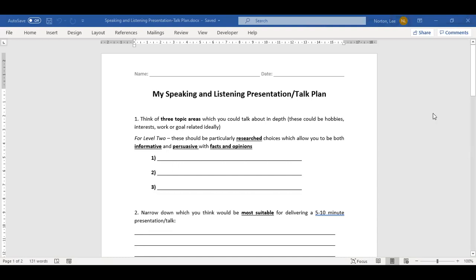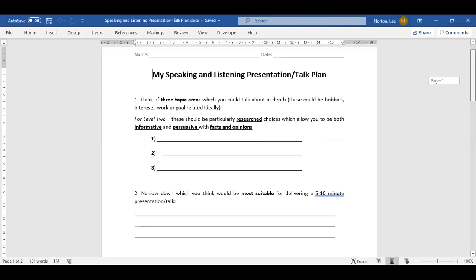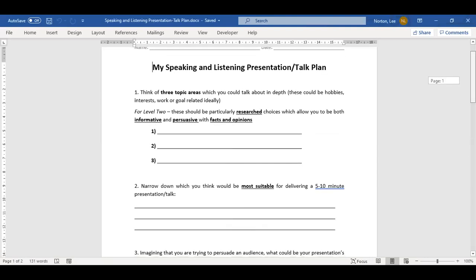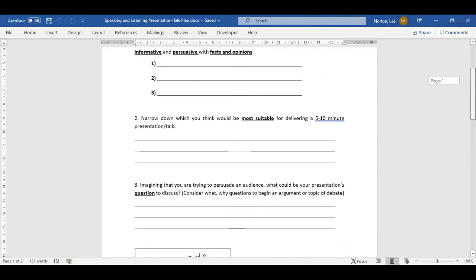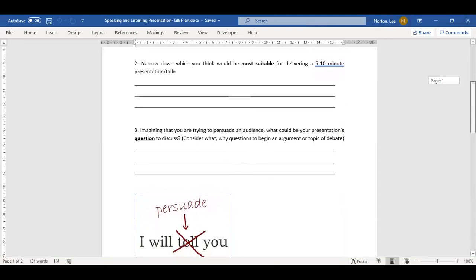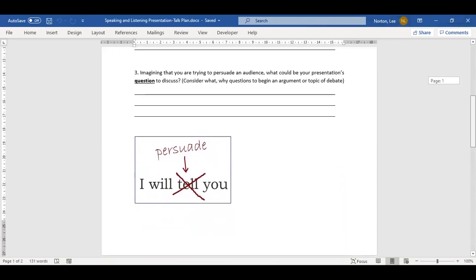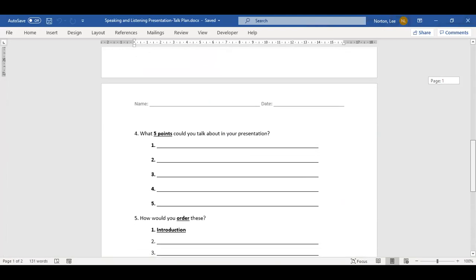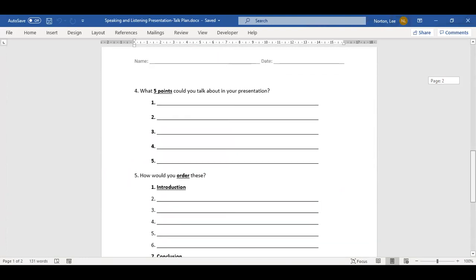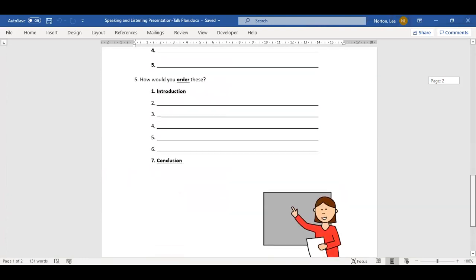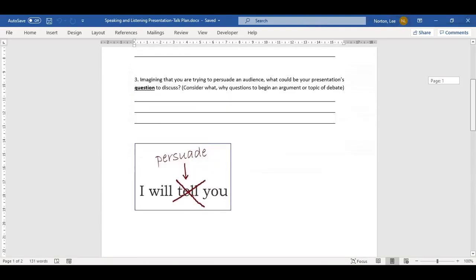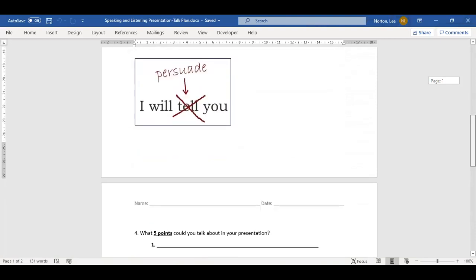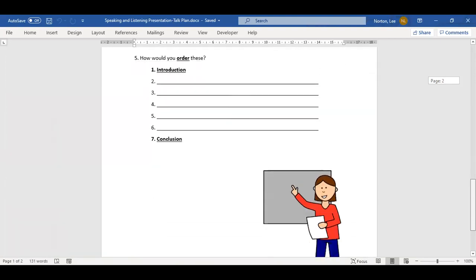It gives you a breakdown of how to plan for your presentation. So it gets you to think about topics, gets you to narrow them down, try and think about what your question is, think about 5 points to talk about, and the order as well. It's really getting you started to think about how you're going to structure what you're talking about before you start writing a draft. So do have a look at this.